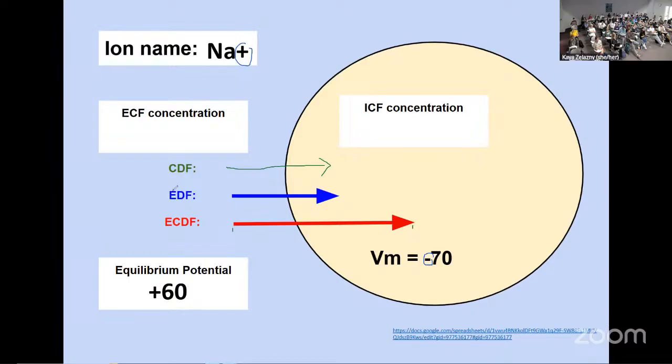At that point, our electrical driving force would be in the opposite direction. It would flip-flop when the polarity of the cell changes. But we know that that electrochemical driving force is going to be pointing in until we get all the way to +60, which means we need something other than the electrical driving force to explain that. And in this case, it's a really big chemical driving force. It's a huge difference in concentration gradient.